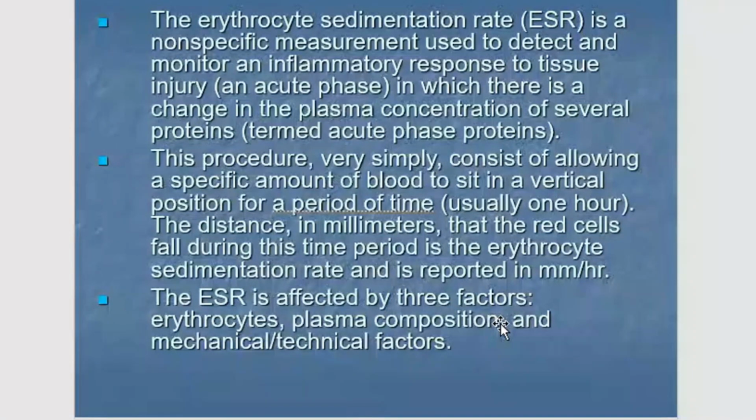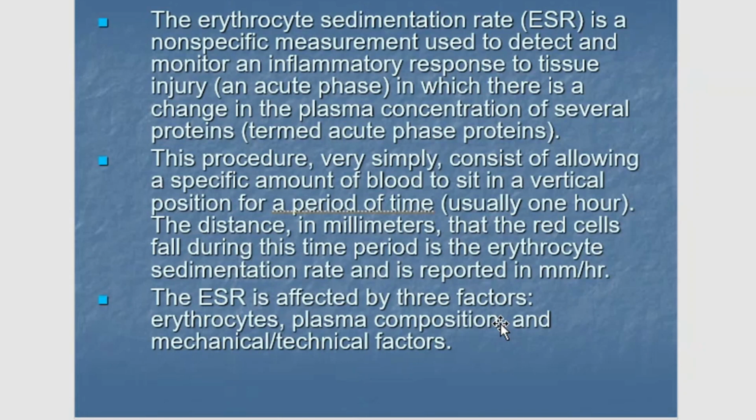So erythrocyte sedimentation is affected by three factors. You can see the three factors are erythrocytes, so the number of erythrocytes can influence it; plasma composition, so if the plasma composition is different, then the erythrocyte sedimentation rate will also vary; and then mechanical or technical factors.